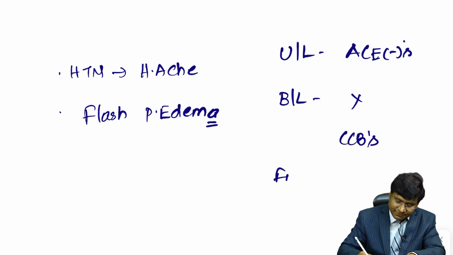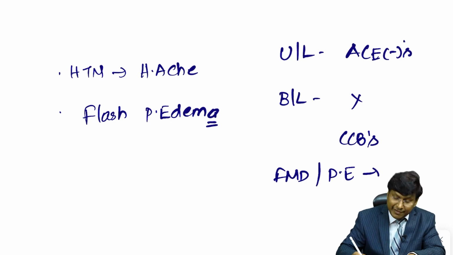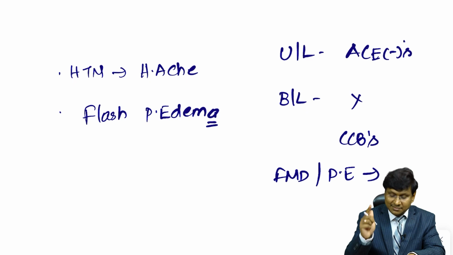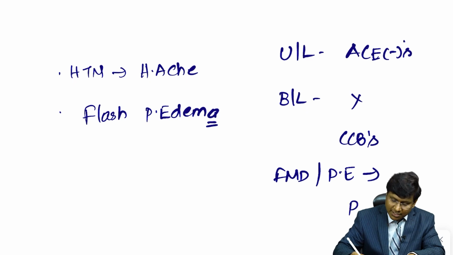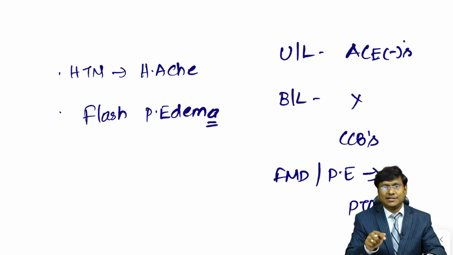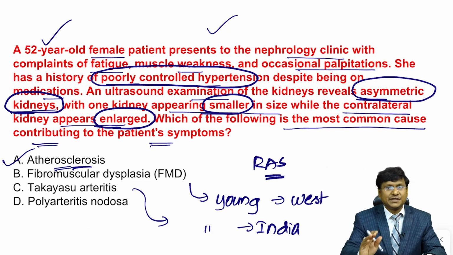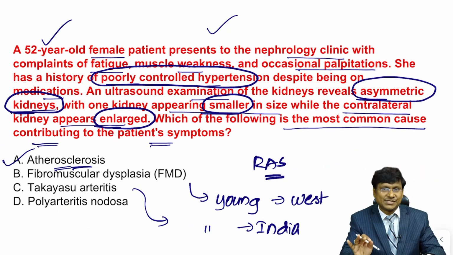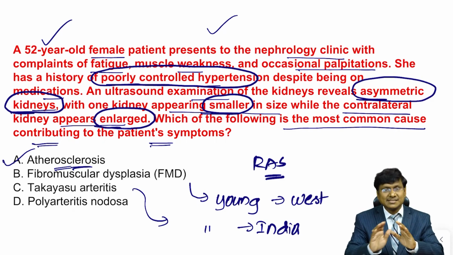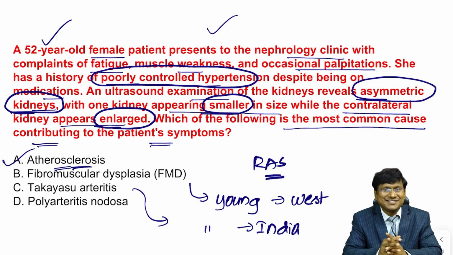And if the patient has fibromuscular dysplasia, or if the patient develops flash pulmonary edema, that is the point when you need to do a PTRA, that is percutaneous transluminal renal angioplasty. So the answer in this particular question is atherosclerosis. So this is the discussion related to renal artery stenosis.